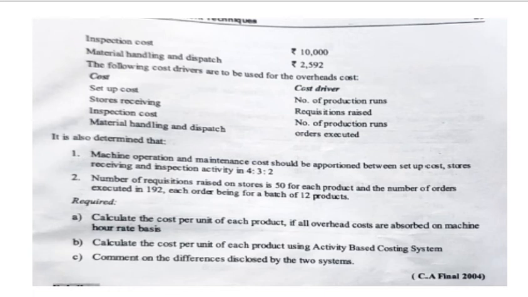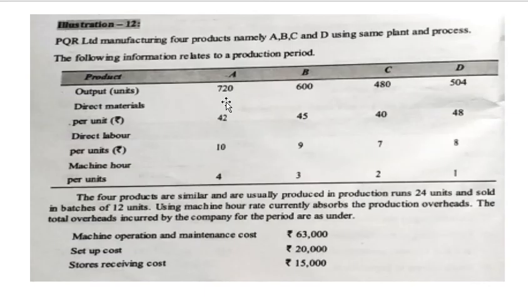So how will we calculate this? 192 is the total orders executed, and each order is distributed based on batches, where each batch has 12 products. So we need to calculate for A, B, C, D how many batches were delivered. Total units for A is 720.